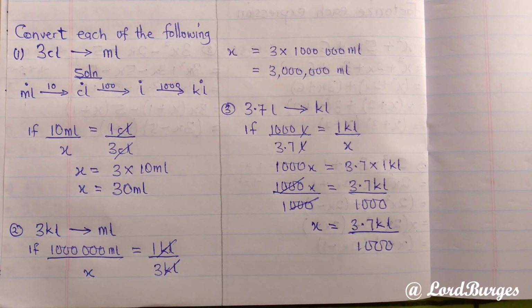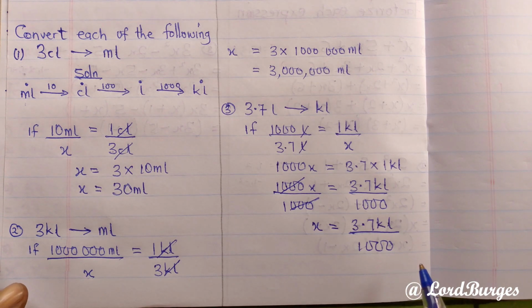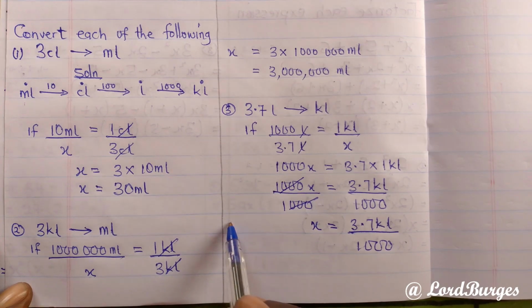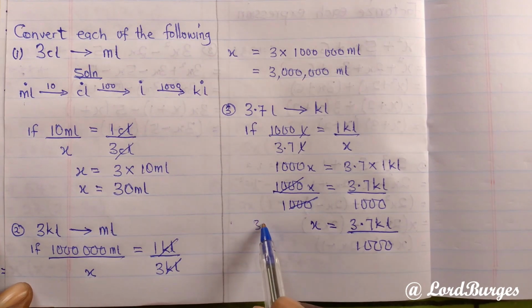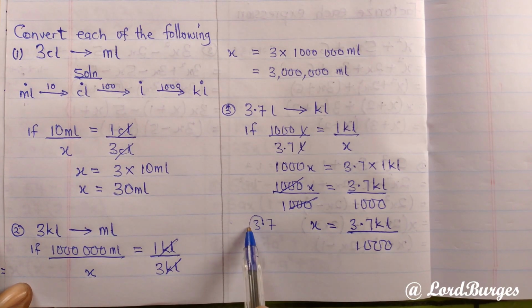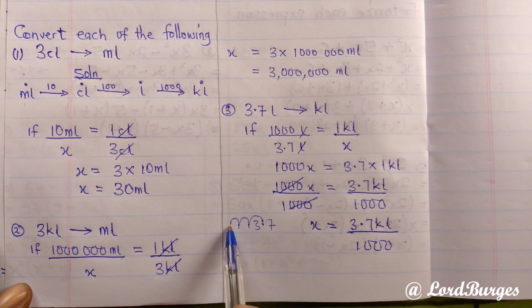But let's not forget that in our previous lesson, we know if you are dividing, you skip backward. That is, you move the decimal backward the number of zeros you have down. So if I have 3.7 and I'm supposed to move backward 3 times, I should be having 1, 2, 3.